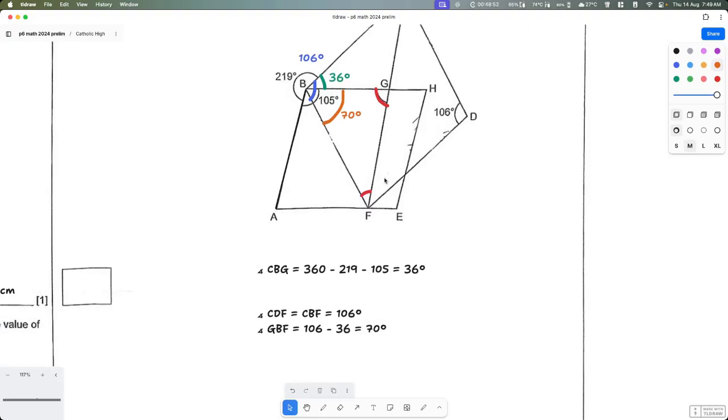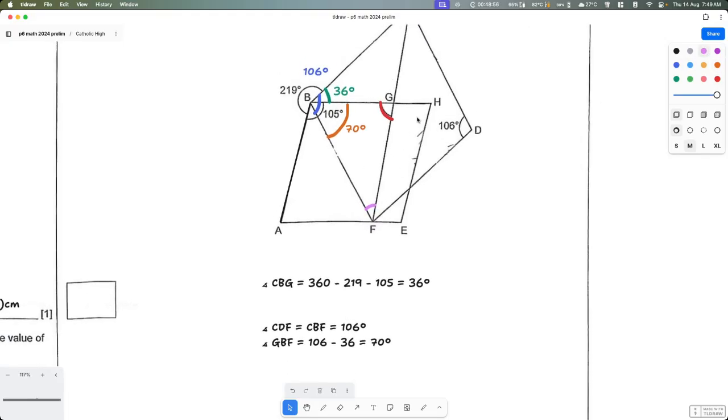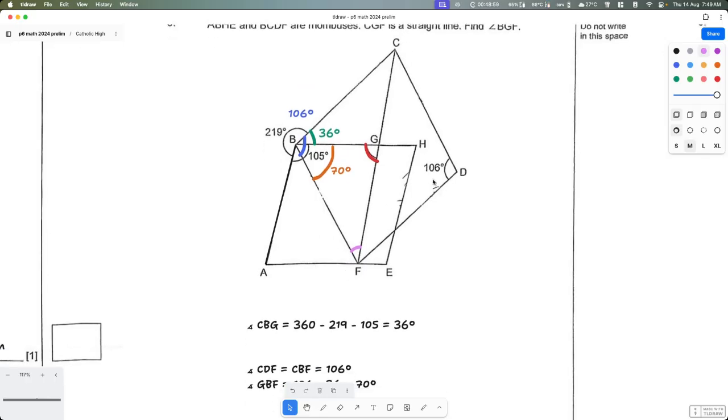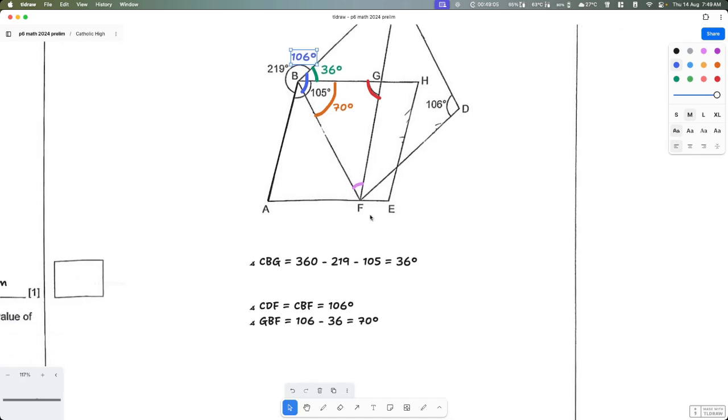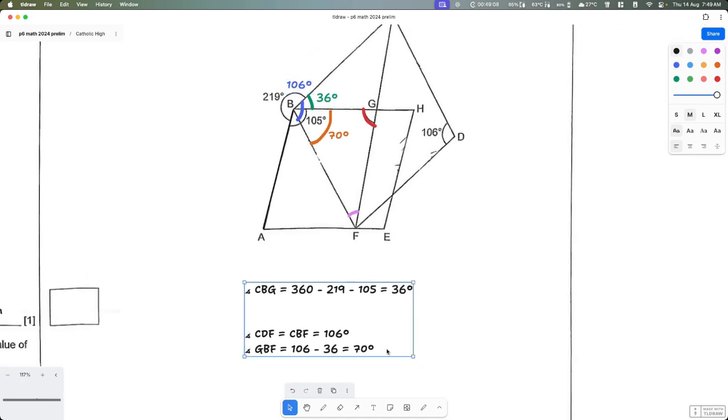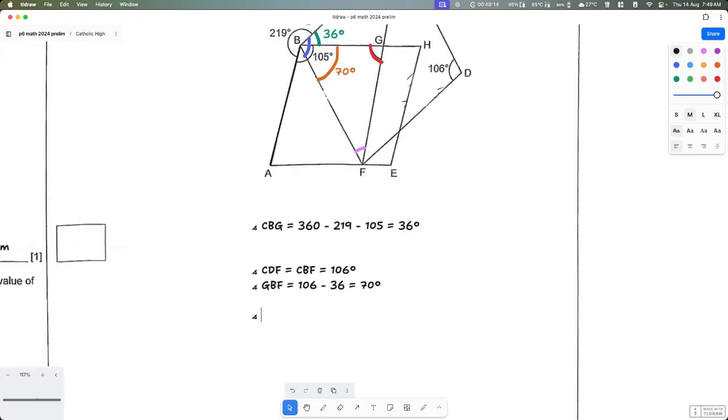All right, so now the next thing is how to get angle BFG, another color. So BFG is basically half of this over here. Angle BFG is equal to 180 minus 106, and then we divide this by 2.